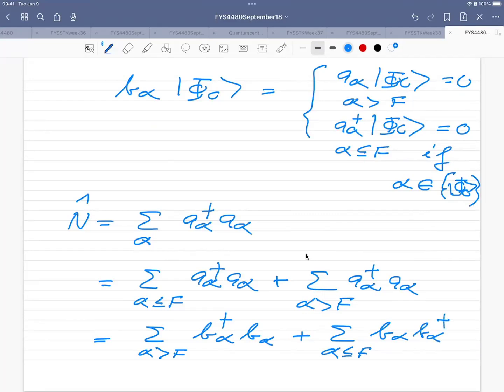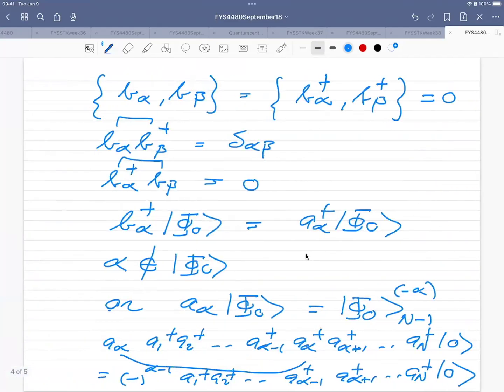Now, when we are going to run calculations, we always want to reorder the operators so that they are in what we call a normal ordered form, because then when they act on a specific vacuum state, we can simplify the calculations. So what we're going to do now is simply to use the anti-commutation rules, which we wrote down here, these anti-commutation rules on top there.